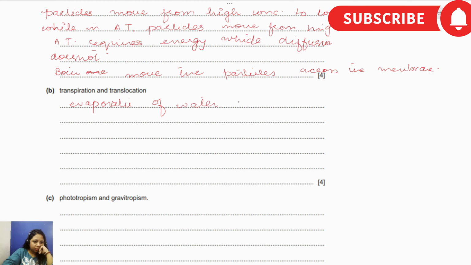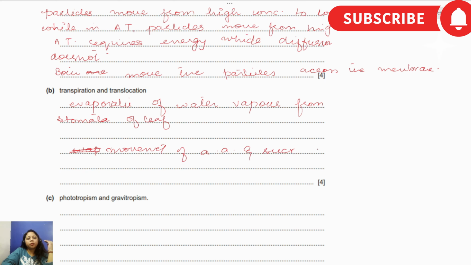There is no similarity because both are actually movements in the plant which move two different things. One is related to water, the other is related to food. Translocation is the movement of what? Amino acids and sucrose.